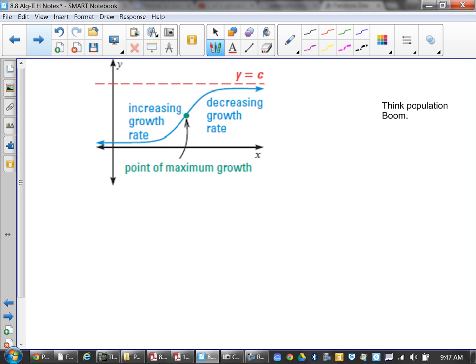So what I want you to think about here is a very easy model to comprehend: population boom. When you talk about population boom, you think about specific parts of the country where growth took off. Recently, I want to say Florida and Arizona had the highest population growth over recent years.